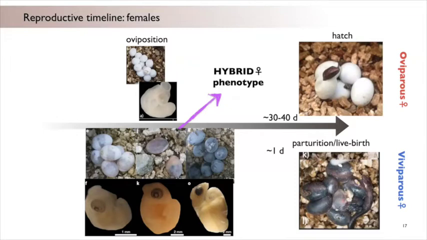What they lay are very thinly calcified eggshells, or patchy calcification, and the embryos within them are also at an intermediate stage of development. This means not only that these clutches are hybrid, but that the female is a hybrid phenotype.